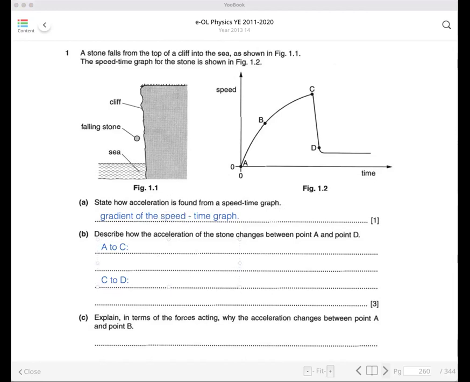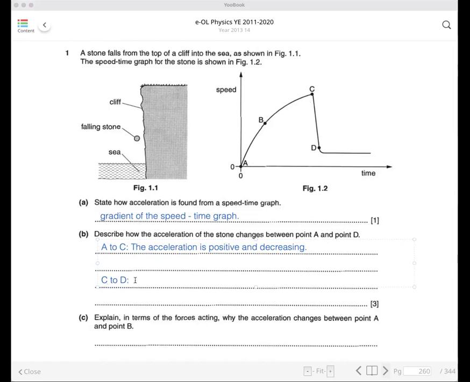So can you see from here A to C, you can say that the acceleration is positive and decreasing. You understand what's happening here? Positive means that the speed is still increasing. Can you see the speed is increasing? So the gradient is positive, the acceleration is positive, but the acceleration is decreasing.